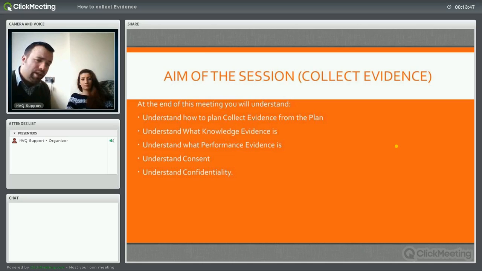Equally, we can change the way that we gather the evidence, and I'll just show you how on that one. So, Amy, earlier on the performance evidence, reflective accounts, which is the bit where you type up your stories and stuff, you didn't really like that. What if I was to say to you, you could do your reflective account a different way? Would you be interested in that?